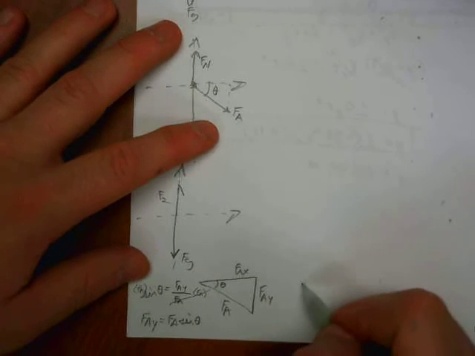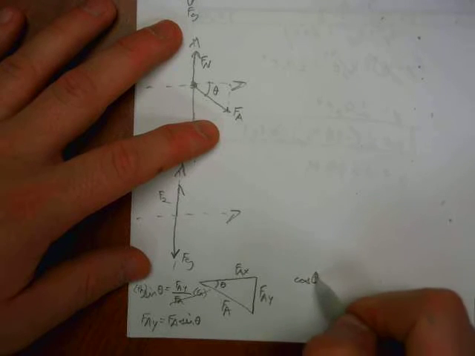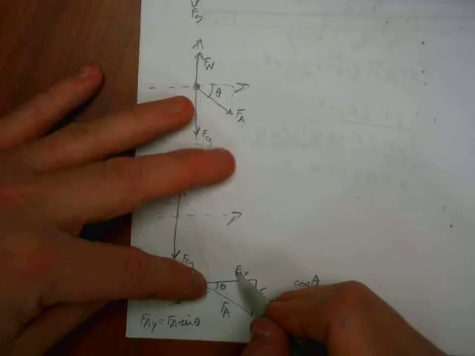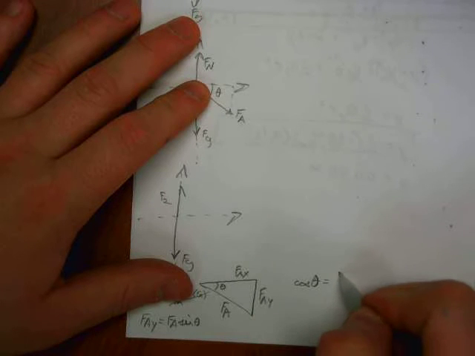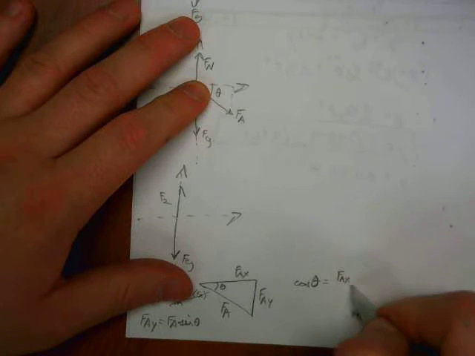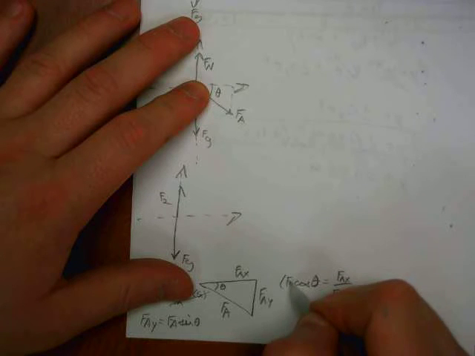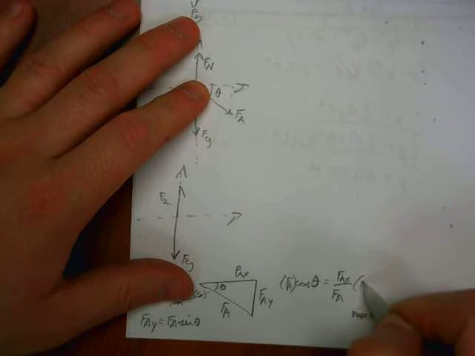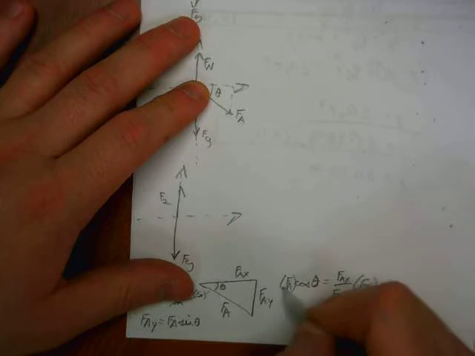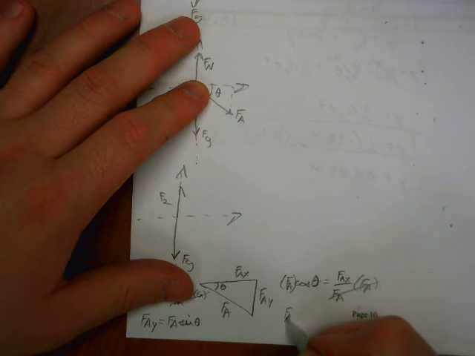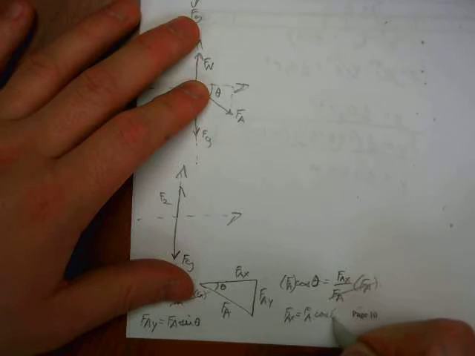And likewise, cosine of theta equals the adjacent leg of the right triangle, FAX, over the hypotenuse, FA. Multiply each side by FA, and FAX equals FA cosine of theta.